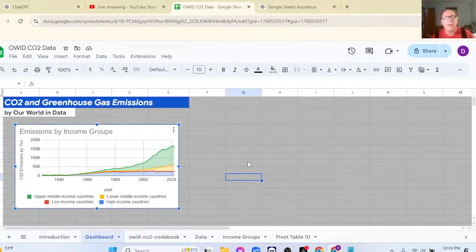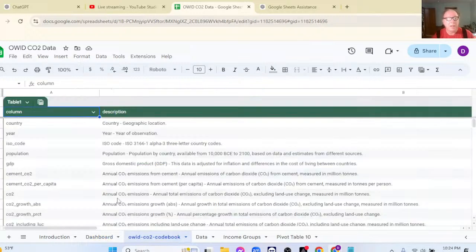How do you get rid of lines on there? How do you change the color of the lines here? So there's our first visualization. Again, the first visualization is annual CO2 emissions from cement.